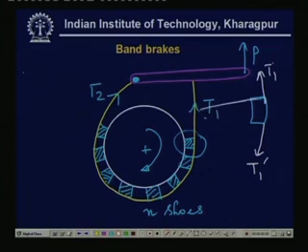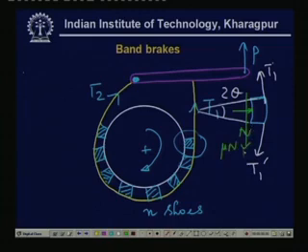Now, this angle is, let us say, twice theta. Now, this is normally less than, of course, 60 degrees. So, therefore, we can take this load to be concentrated. The normal reaction will be here, and of course, T 1 is greater than T 1 prime, because this drum is rotating in the clockwise direction. Therefore, the friction force will be in the anti-clockwise direction, and on this particular element, the friction force will be mu times n along this direction.